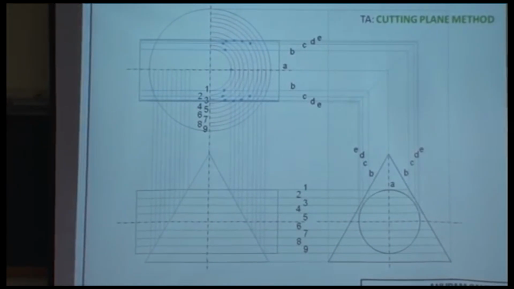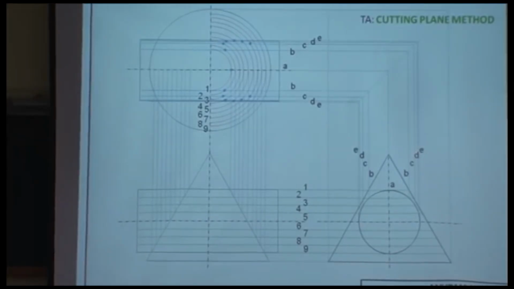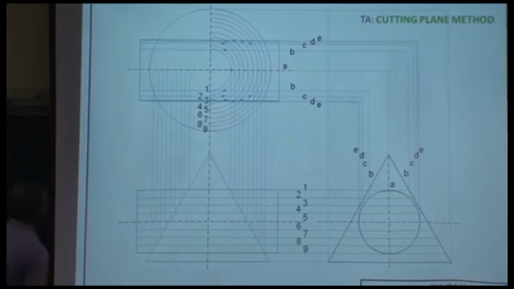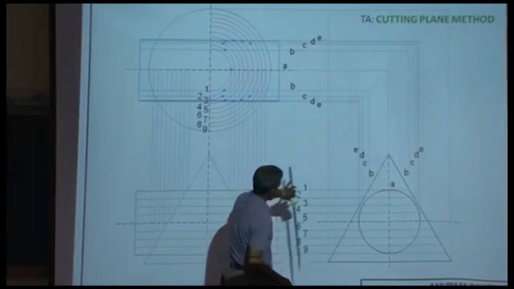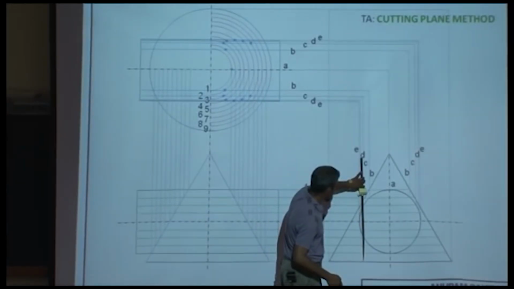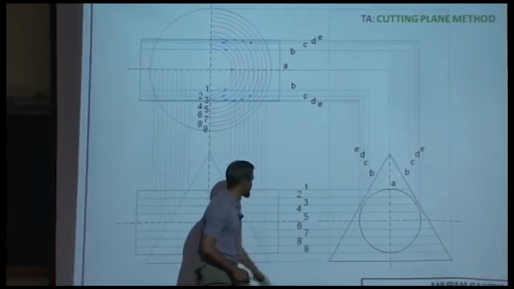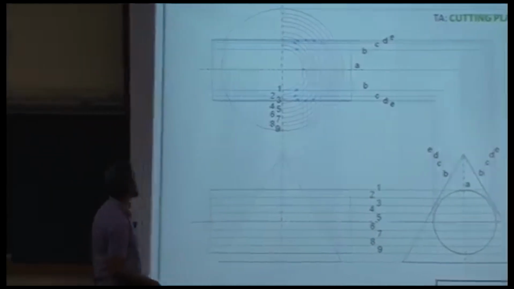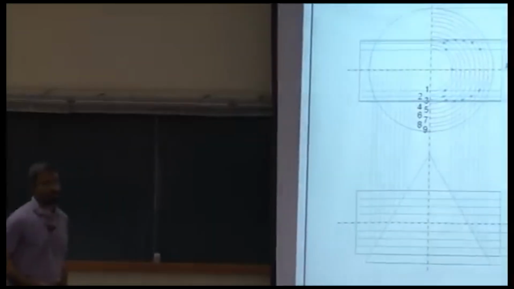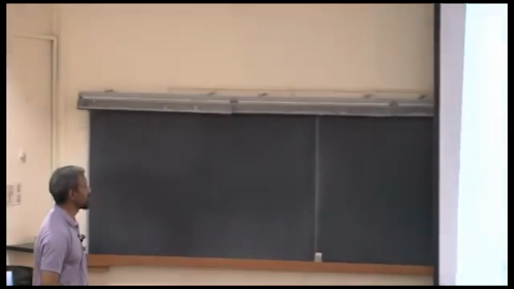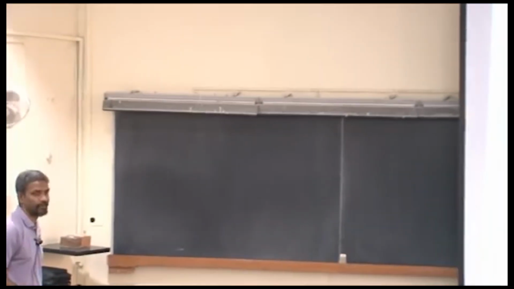Is it BB and 7? No, it was C and 7. This guy here and this guy here, C and 7. So BB and 8. Okay. And of course eventually a single point here, A and plane number 9.